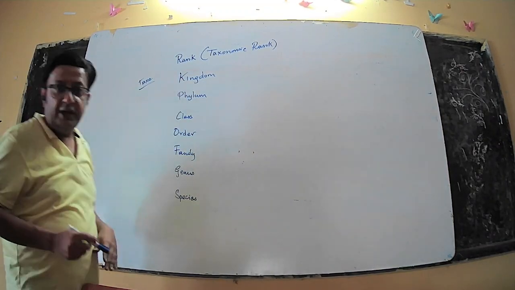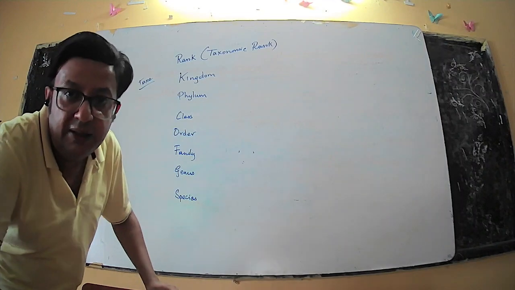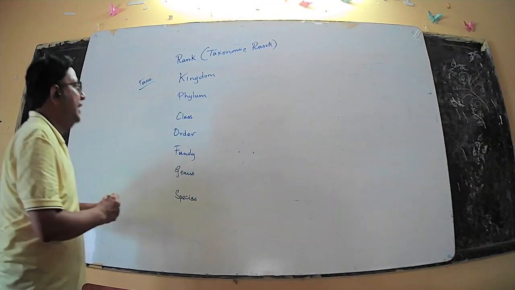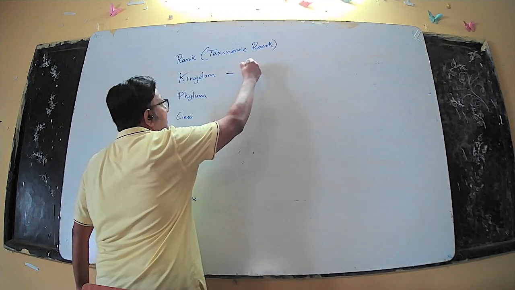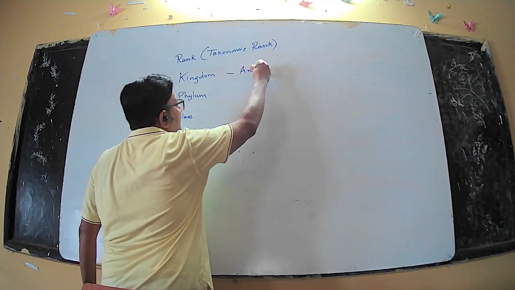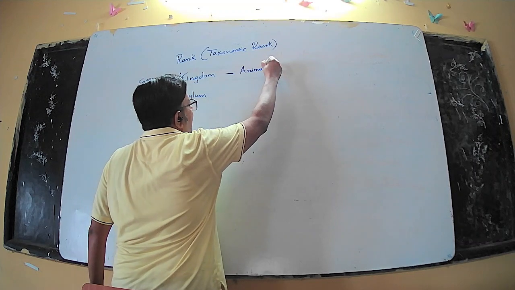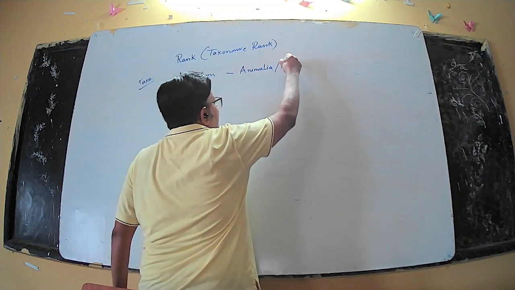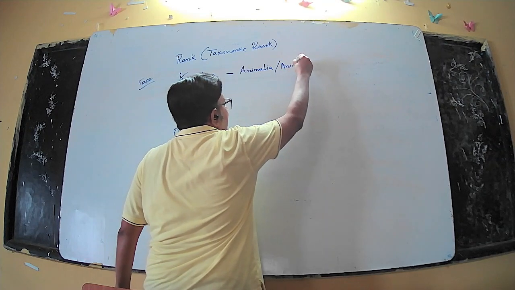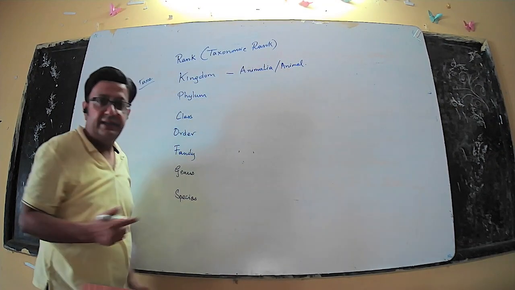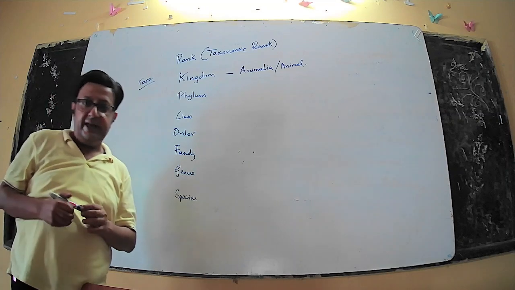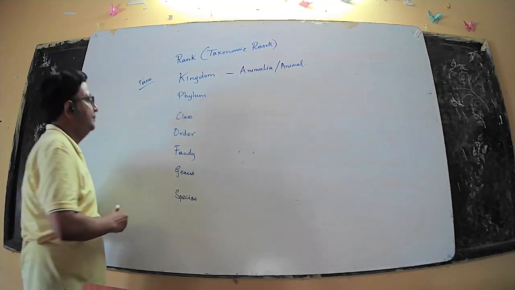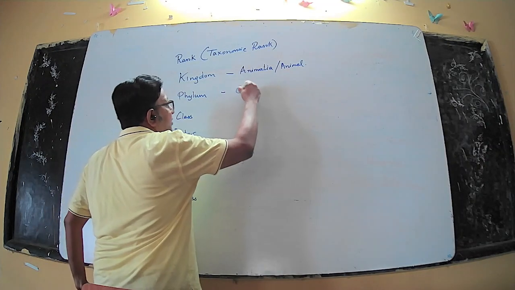So let us look at a kingdom. Let's look at a good example, human beings. What is the kingdom? Animals, Animalia. Then you have phylum Chordata, very good.